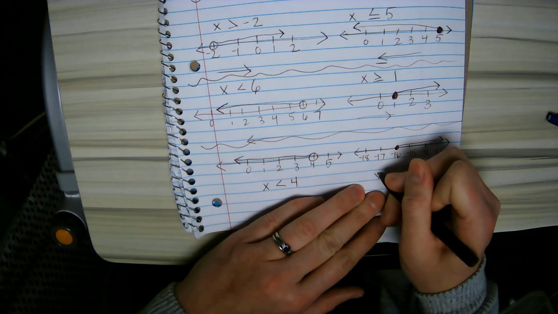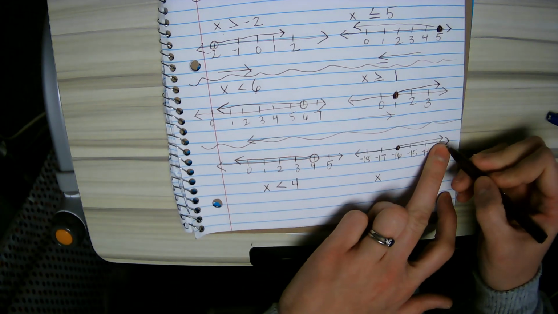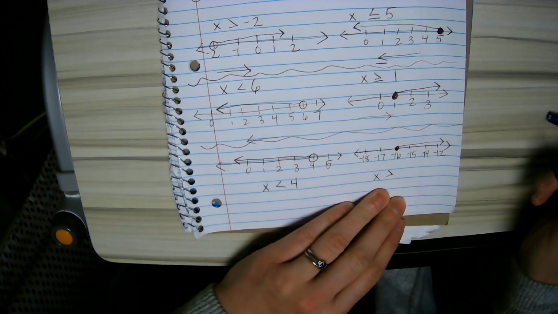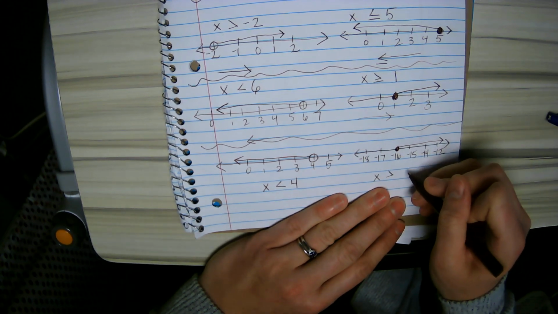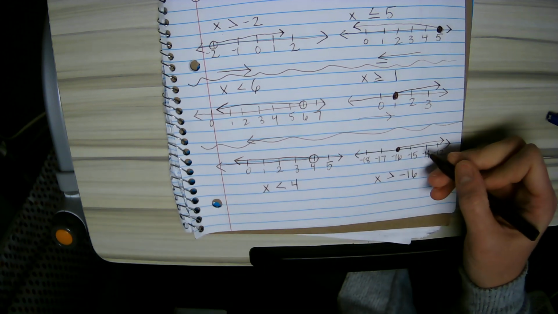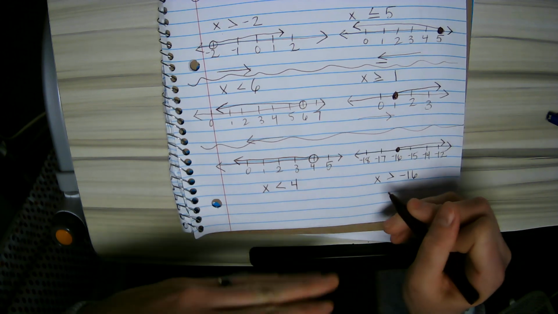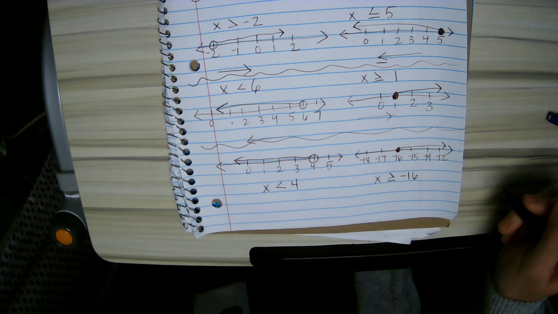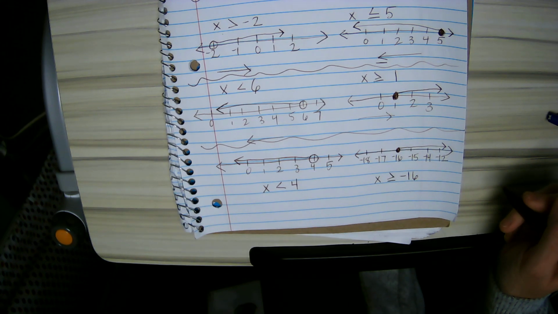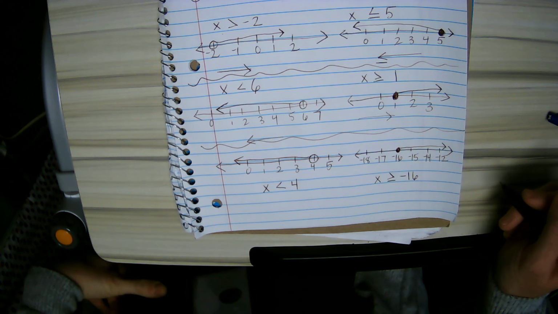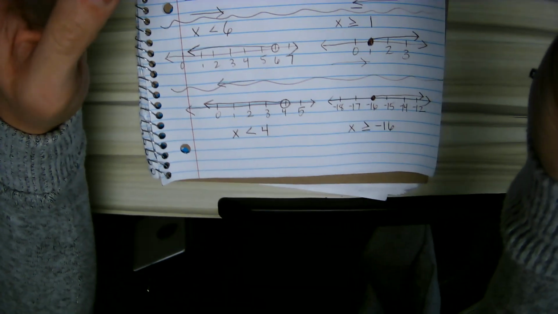So we call it x, right? We use this symbol. It's greater than because it's going to the right. And we include that number. But now we need to decide, could it also be equal to? Well, yes, because it is closed. So I'm going to add that. Okay? Is that fair enough? So hopefully that makes sense.